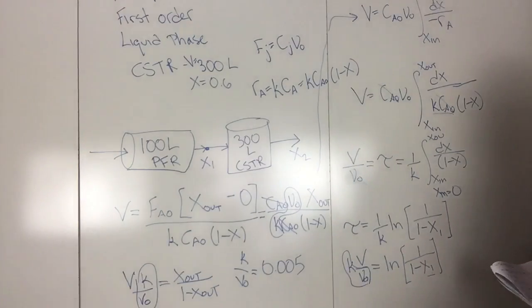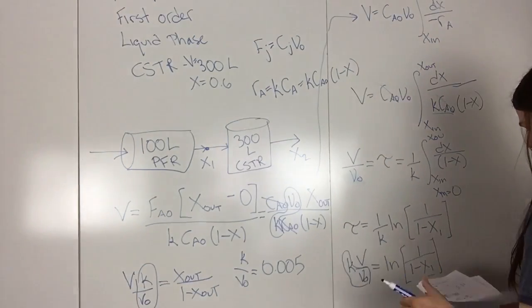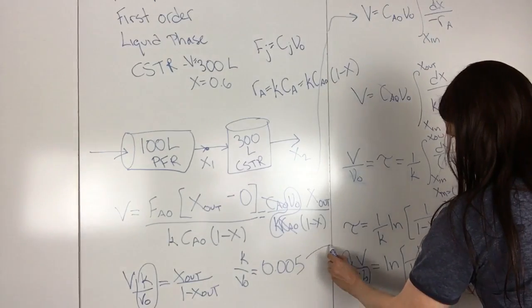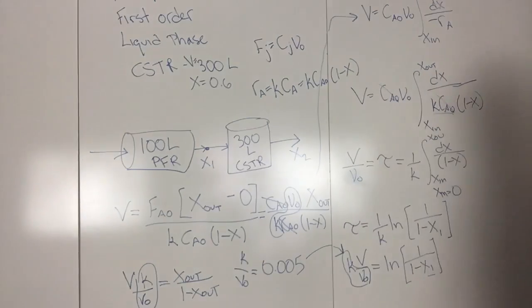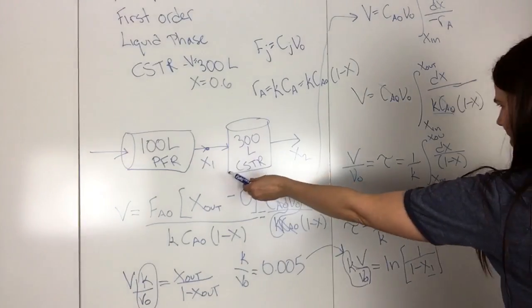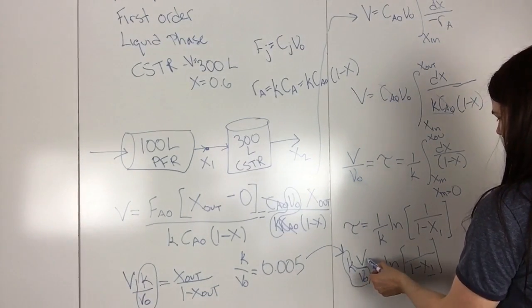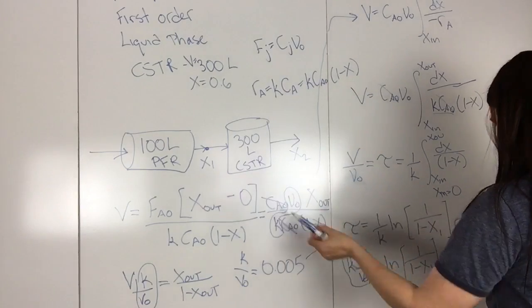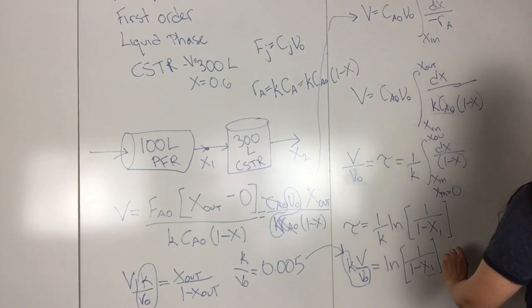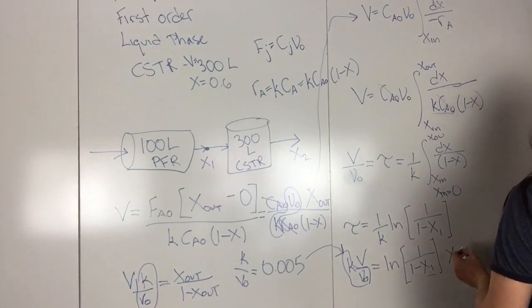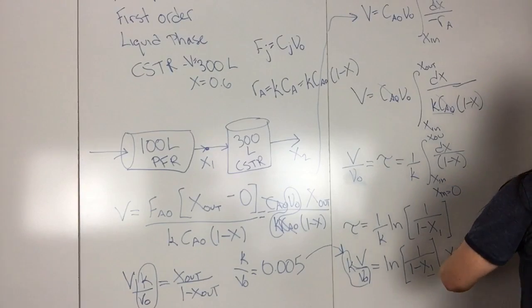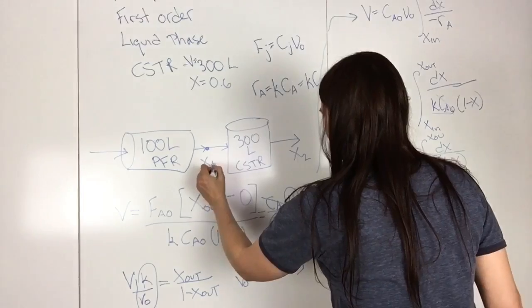So then we can plug that into here, and we should know everything to solve what x1 is out of the PFR. So we plug in 0.005 for this. We know the volume is 100, and so solving this, we get that x1 is equal to 0.39. So then I can write that down.